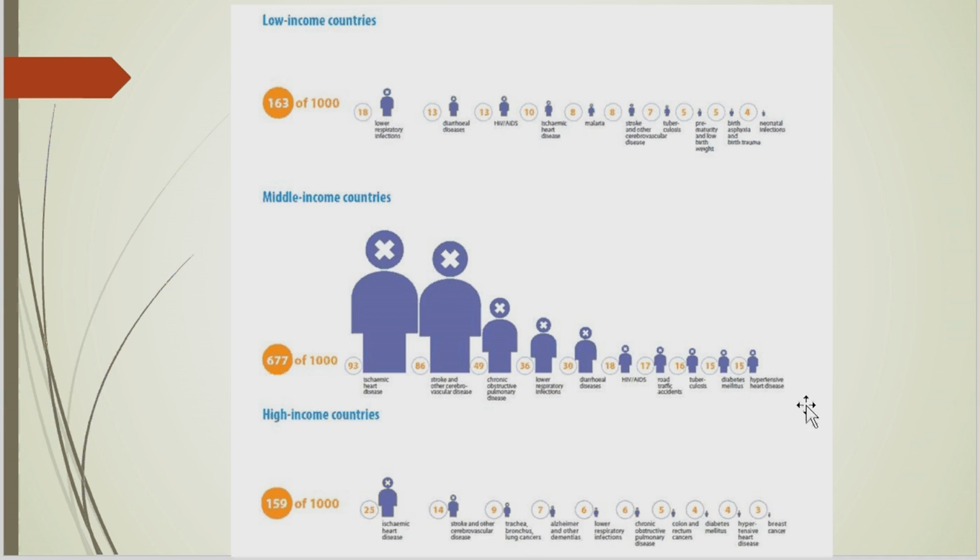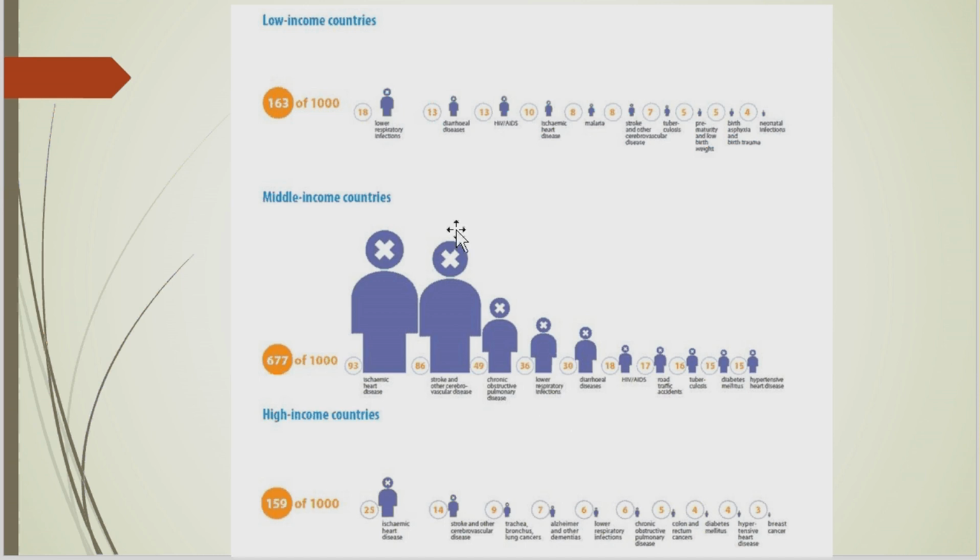No, that doesn't seem to be here in the middle-income countries, and certainly not in the low-income countries. Alzheimer's and other dementias, again, not present in the other 2. Lower respiratory infections. Now we have lower respiratory infections and so on.